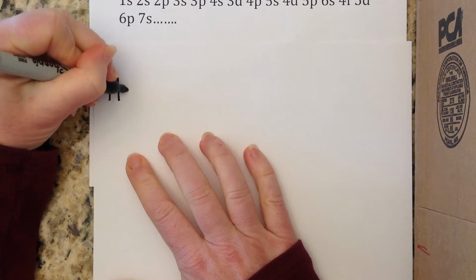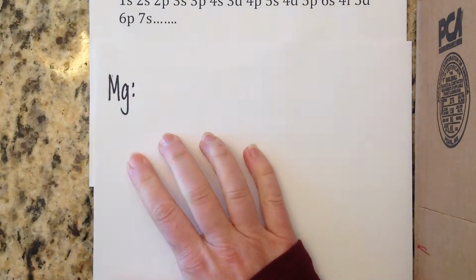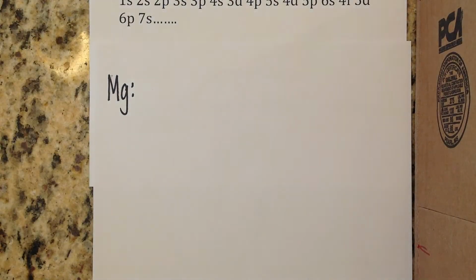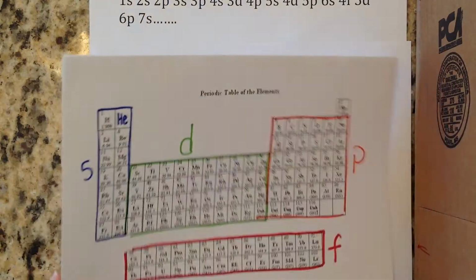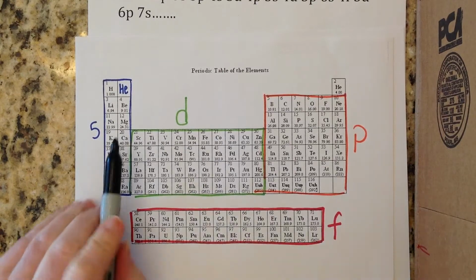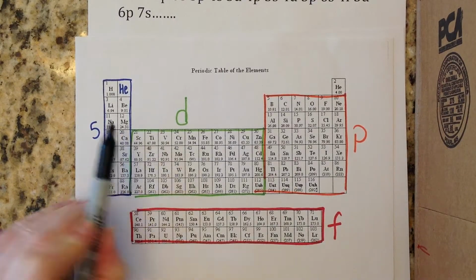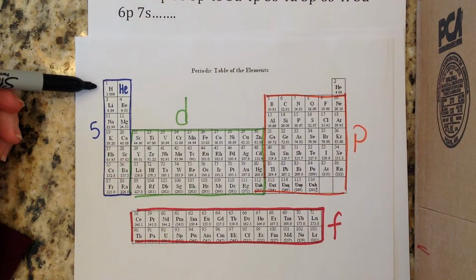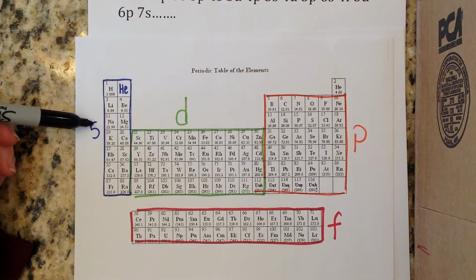All right, magnesium. Now the first thing we want to do is locate magnesium on the periodic table. So when you look at the periodic table, magnesium is right here. So magnesium is row 1, 2, 3. So it's the third row.